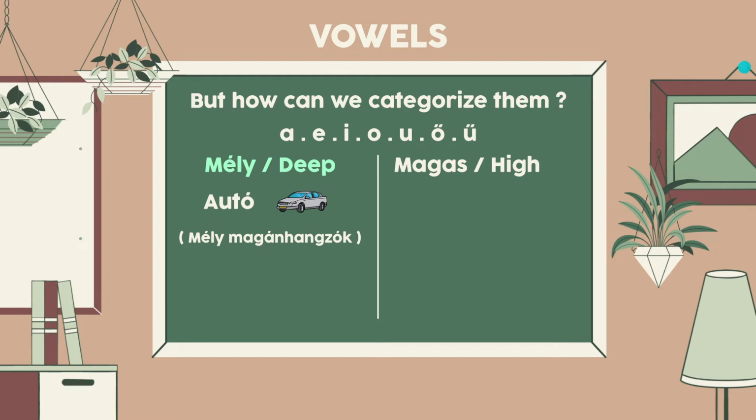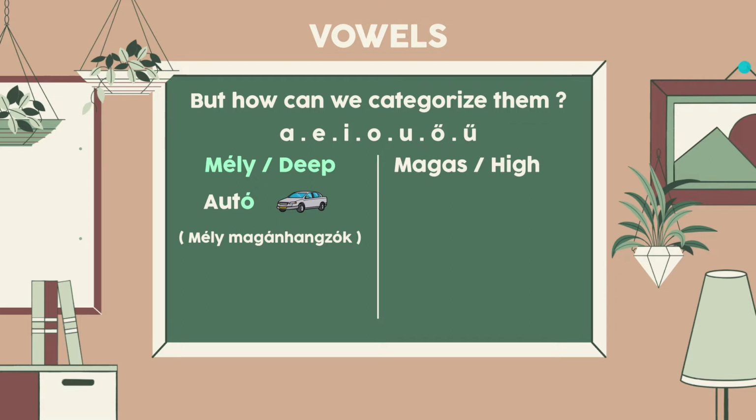Because if you look at this word, you're going to see A in the first position. The second letter is U, and at the end, you're gonna see O. And they are all the deep vowels. If the vowel is short or long, it doesn't make any difference, right?